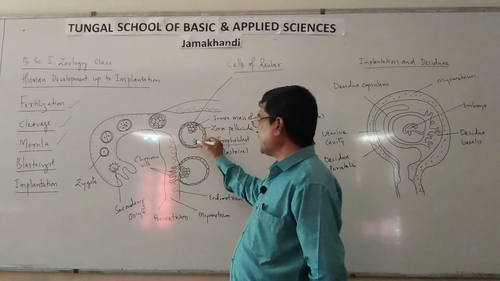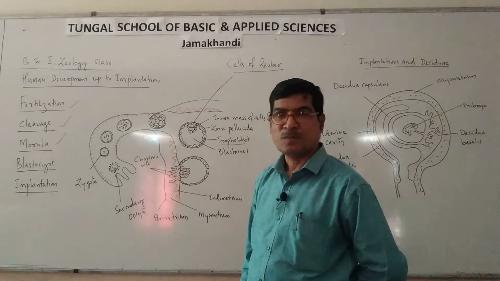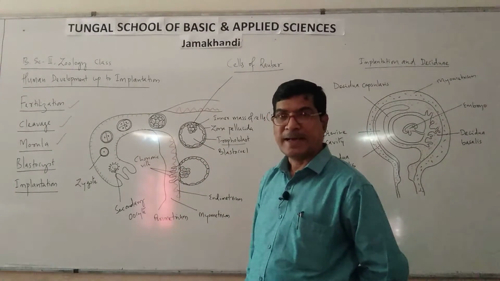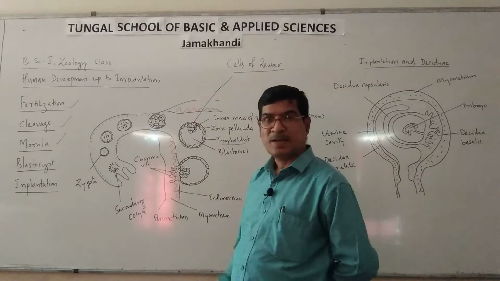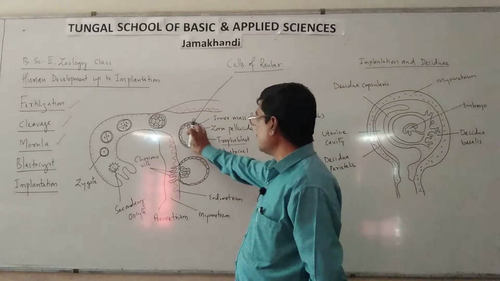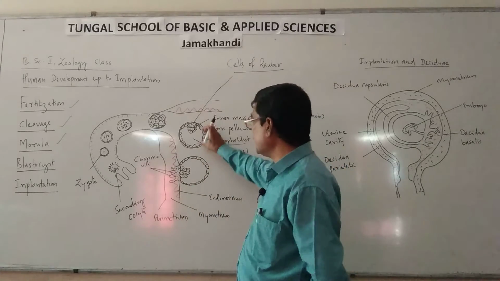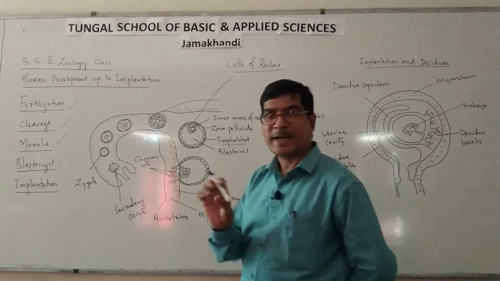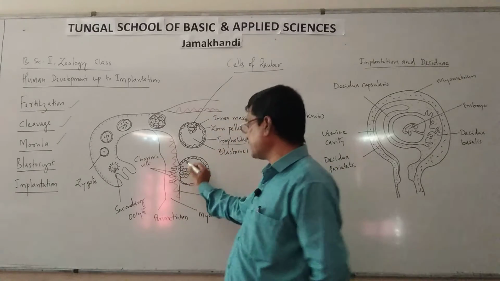The blastocyst doesn't attach to the wall of the endometrium, the wall of the uterus, as long as it is covered by the zona pellucida. When the zona pellucida is ruptured, the blastocyst is released into the cavity. Now it is able to adhere to the wall of the uterus.